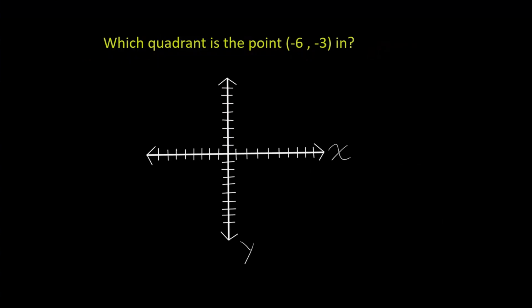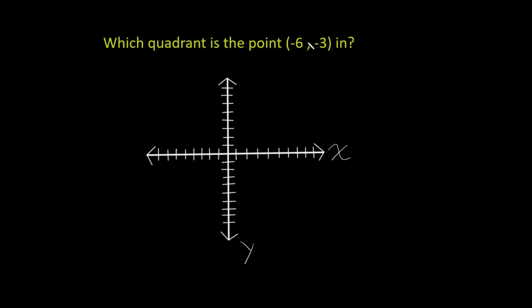And we can use the exact same logic to solve this problem. And this problem asks us which quadrant is the point -6, comma -3 in. And before I just actually draw it out and see which quadrant it's in, let's try to just figure it out. So let's first take which direction the x value is.